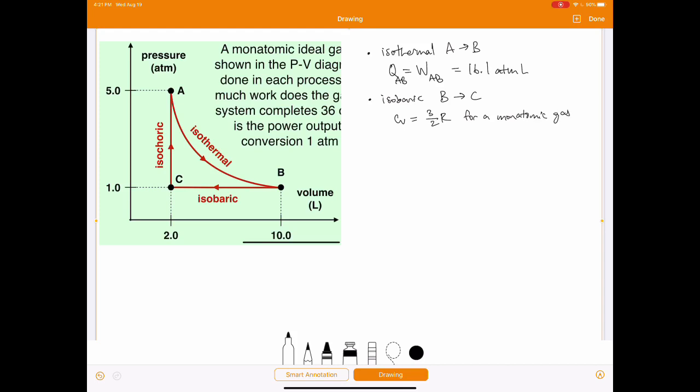So again, that just means single atoms. And CP is always equal to CV plus R. So in this case, we're taking 3/2 R for CV plus R, which is 5/2 R. So that's what we're going to use.